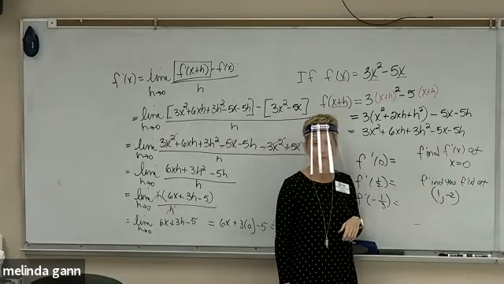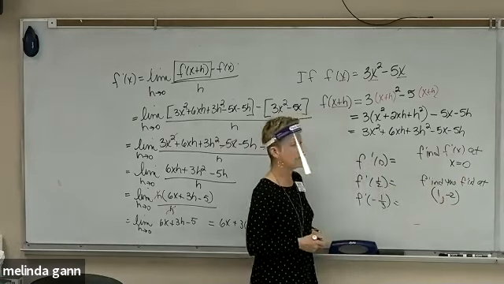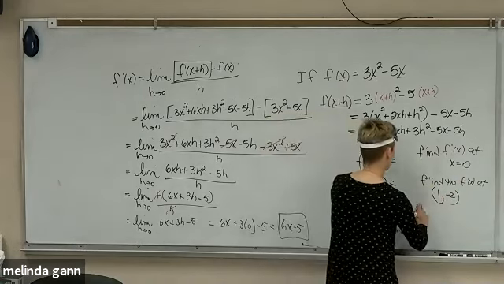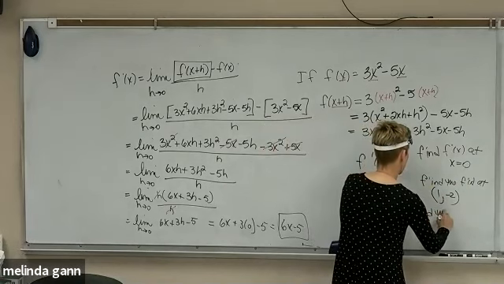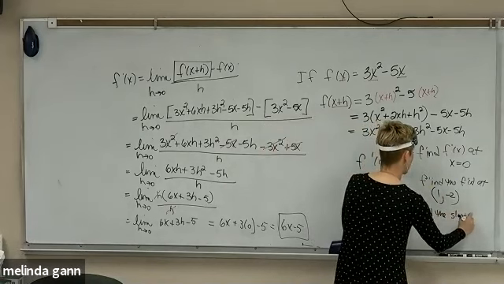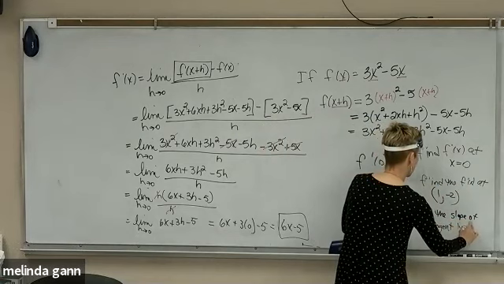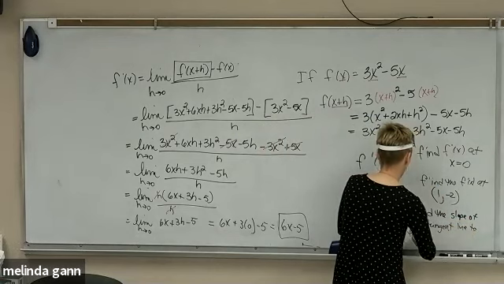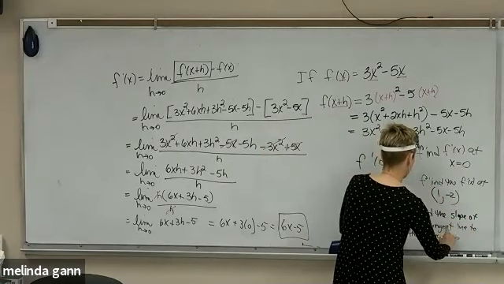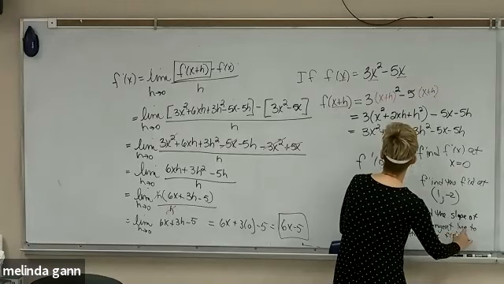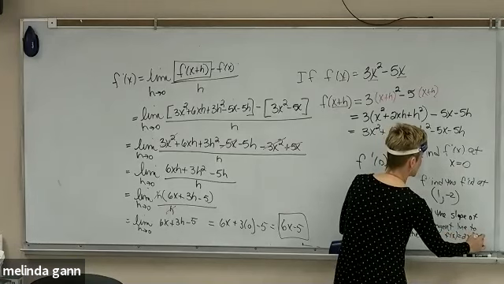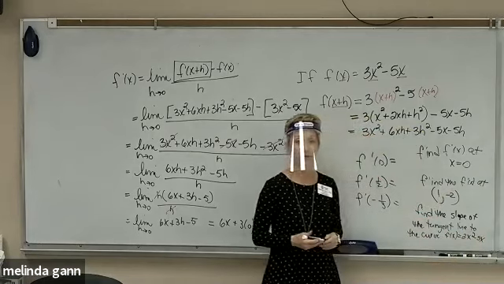How do you plug it in, the what? The 1. Sometimes they won't say find the derivative. They'll say find the slope of the tangent line to the curve f of x equals 3x squared minus 5x at the point 1, -2.